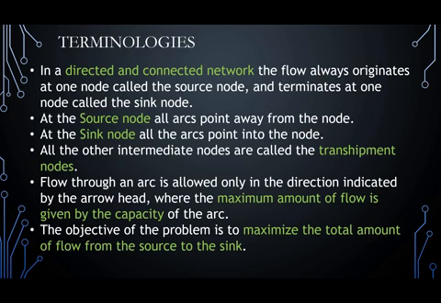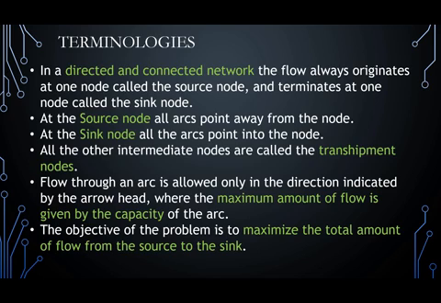In simple terms, if I have to explain it to you, let me say there are two huge tanks. One tank is called the source tank, the other is called the sink tank. The capacity of the source tank is infinite. The capacity of the sink tank is also infinite. But these tanks are connected through pipes. Your arcs, I can call them pipes.